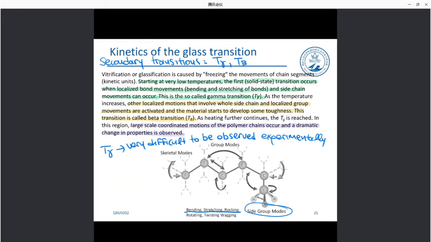The beta transition, where we have applied a bit more energy and whole side chain and localized group movements can be seen, is generally easier to observe than tau gamma.